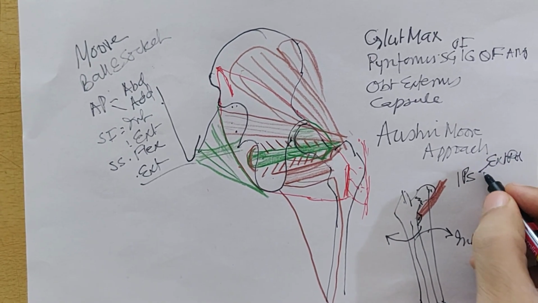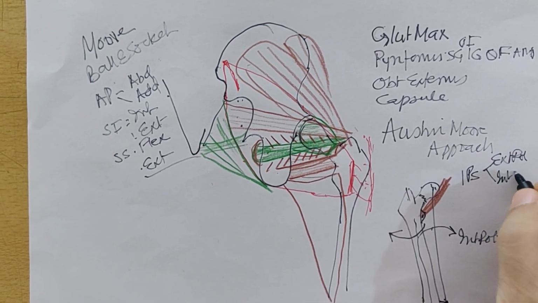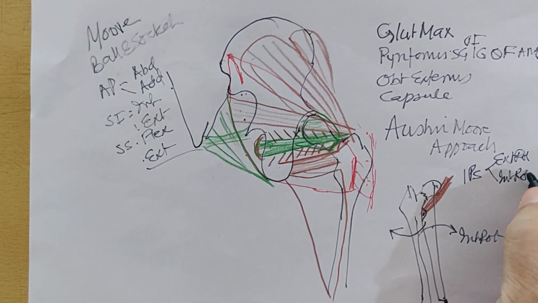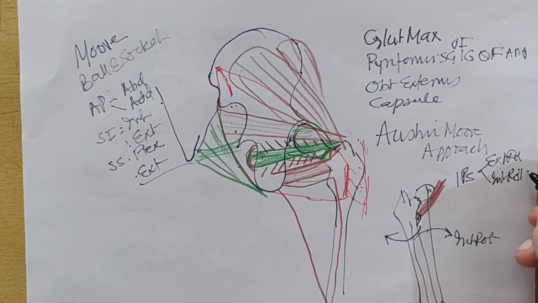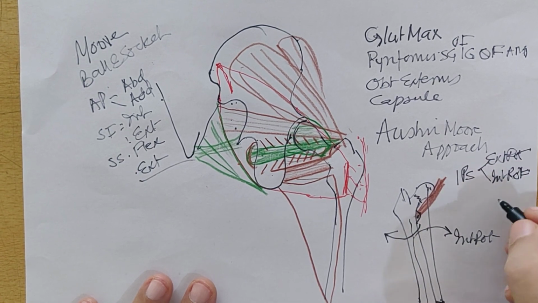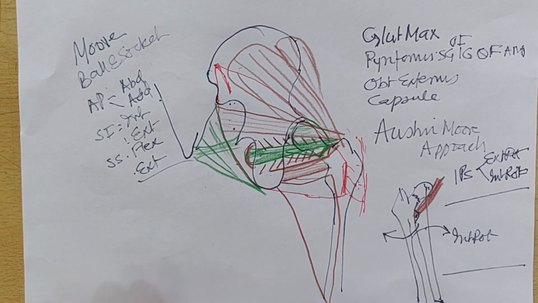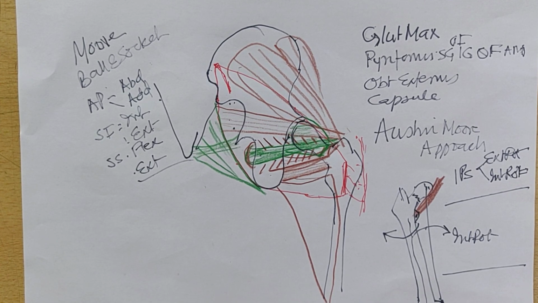But if the neck is intact, iliopsoas is an internal rotator. So this is a very important question that can be asked to you in the exam. And if you can answer this correctly, you are likely to score very high marks. Thank you.